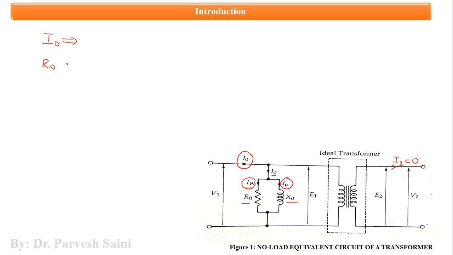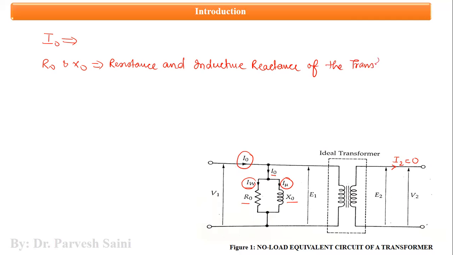This R naught and X naught basically are the resistance and inductive reactance of the transformer core. That means these parameters are associated with the transformer core.